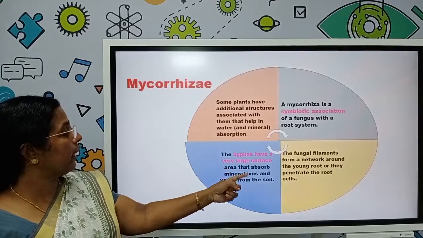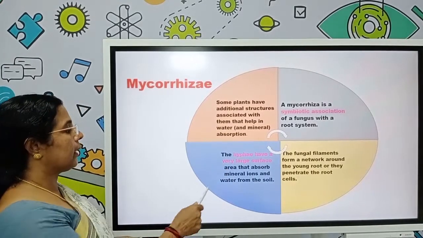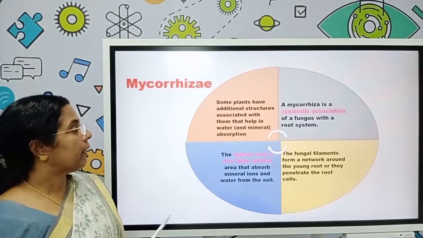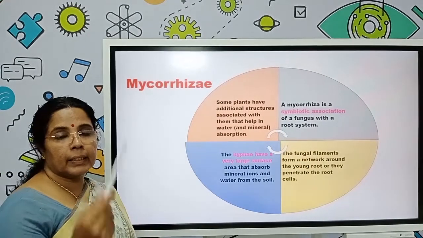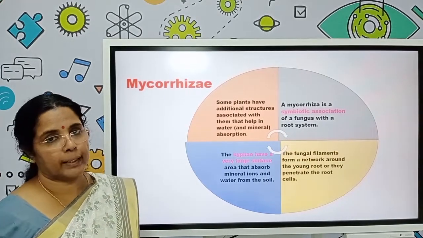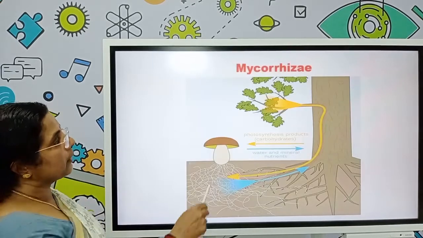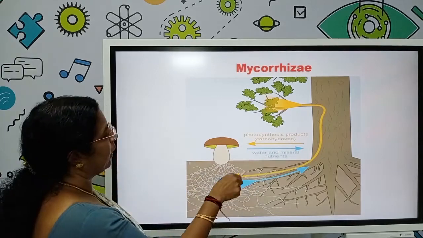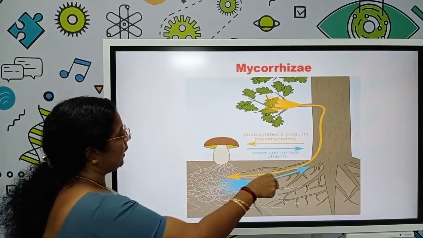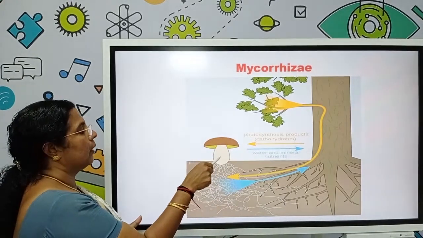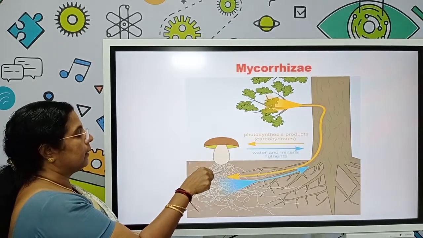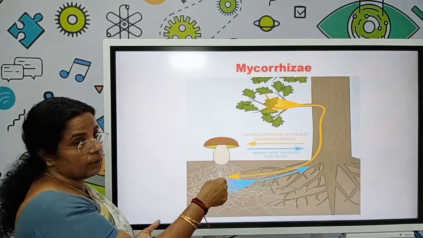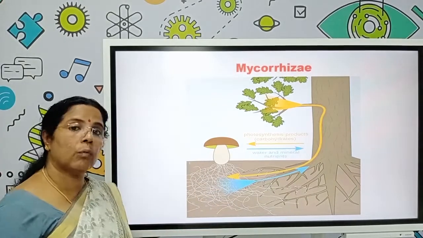These hyphae have a very large surface area and absorb mineral ions and water from the soil. In turn, the plant gives nutrients to the fungi. You can see the mycorrhizal association in plants. The plant supplies food to the fungus, whereas the fungal hyphae, having a large surface area, help in the absorption of mineral ions and water.